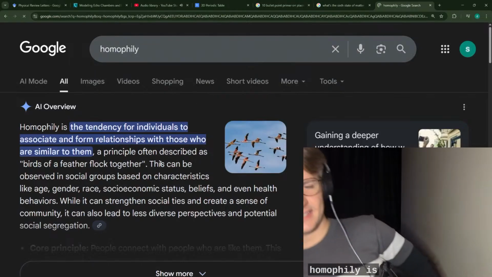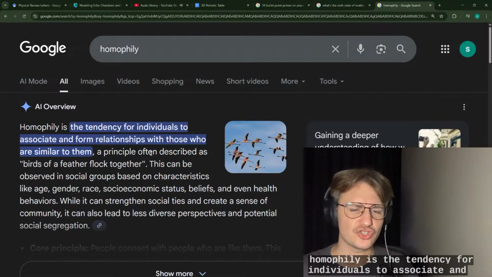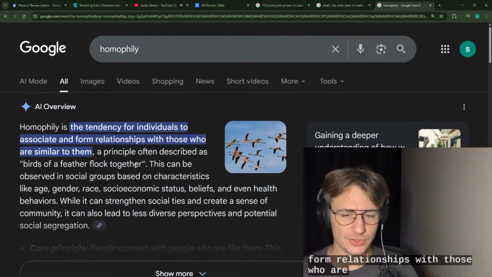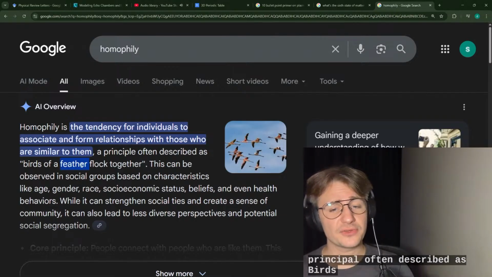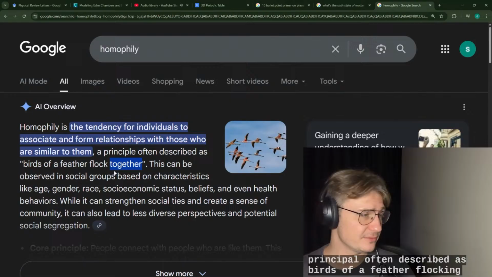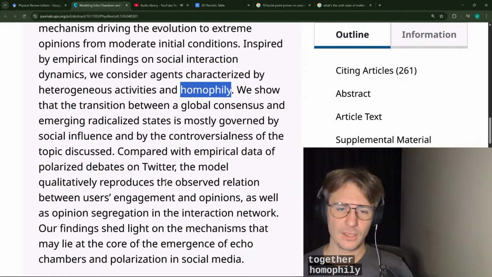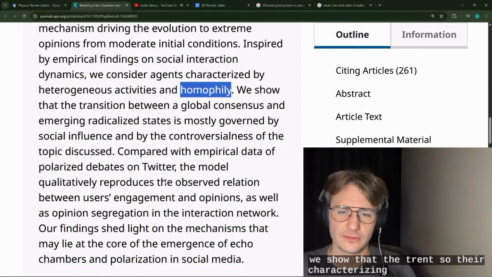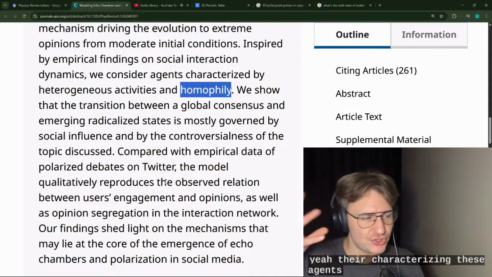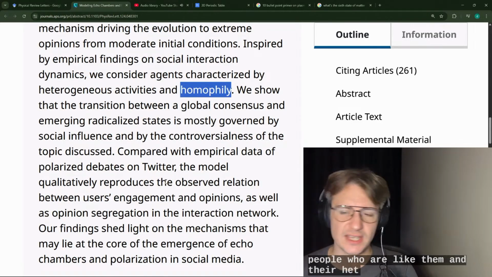Homophily is the tendency for individuals to associate and form relationships with those who are similar to them, a principle often described as birds of a feather flocking together. We show that the trend, so they're characterizing these agents by how much they like people who are like them and their heterogeneous activities.